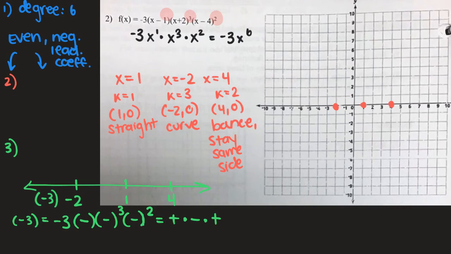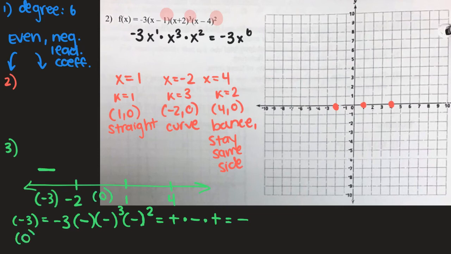Well, ultimately, what does that turn out to be? That turns out to be a negative. So before, my values that are less than negative 2, those y values are going to be negative. I don't actually care what the y values are. I just care about the general direction of my y values. Okay, let's choose a number in between negative 2 and 1. Okay, we can actually try 0 on this.